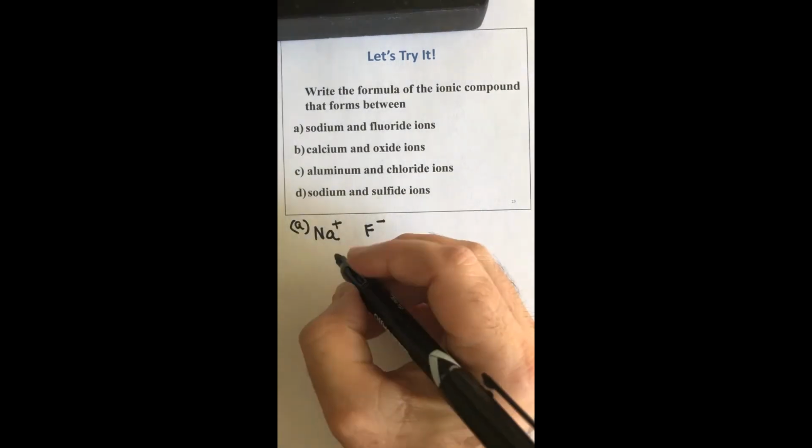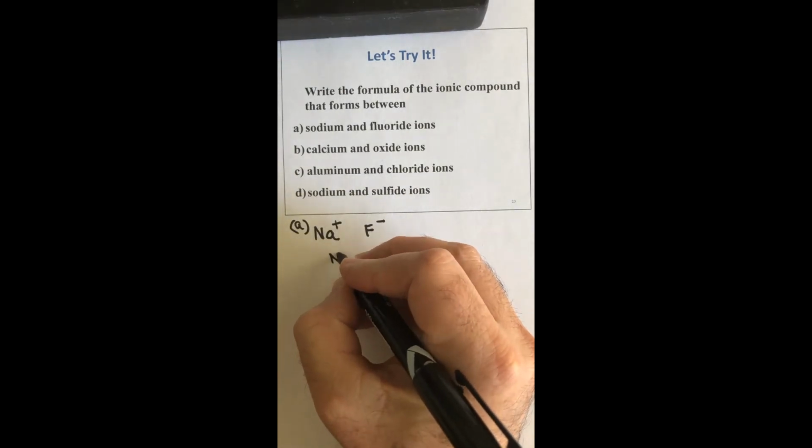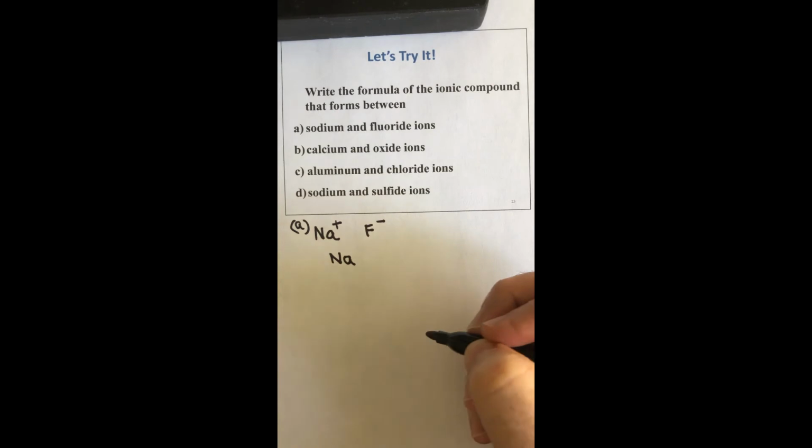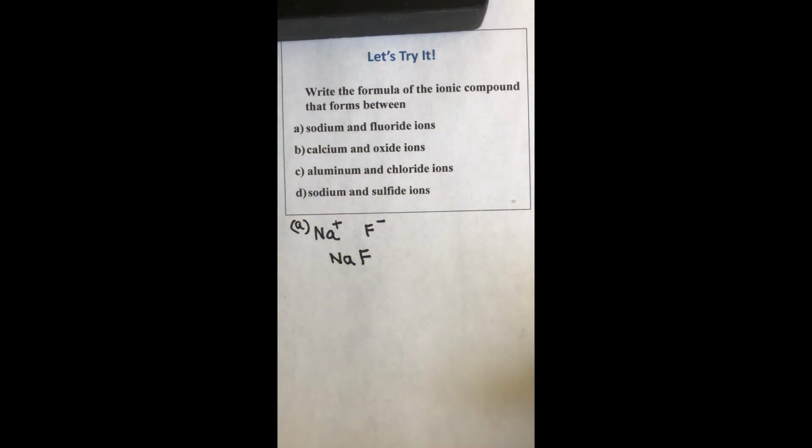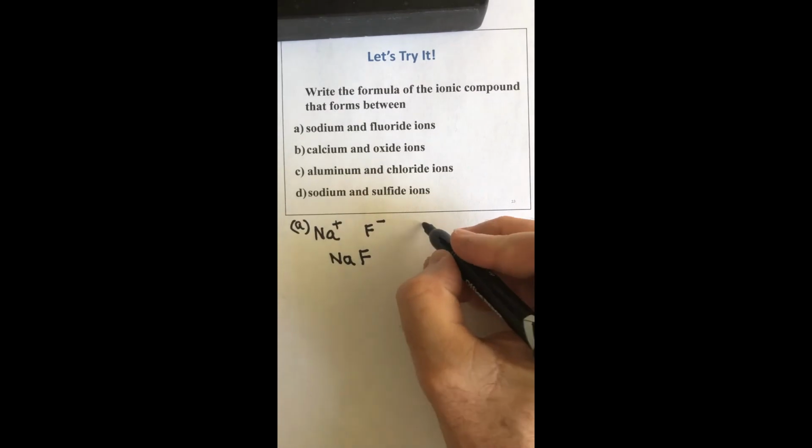It's obviously a 1-to-1 ratio, so our formula is written with the cation first and the anion second, and there we go.